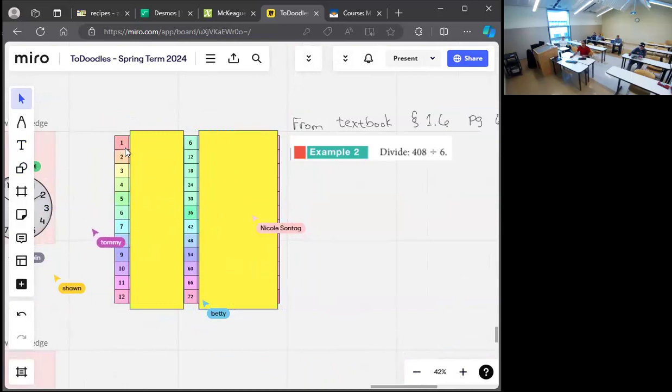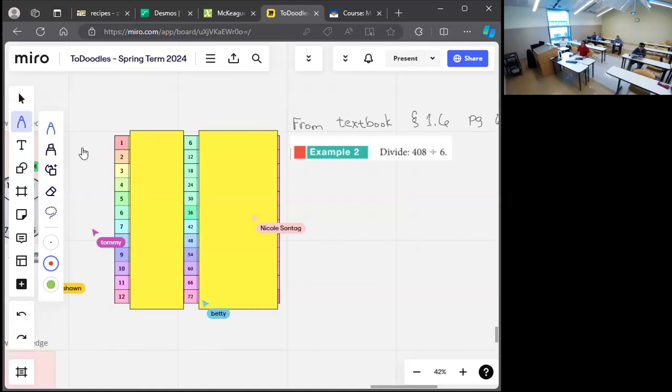So now what I have is 6 times 1 is 6, 6 times 2 is 12, 6 times 3 is 18, and so on. Everyone with me on how I covered things up?